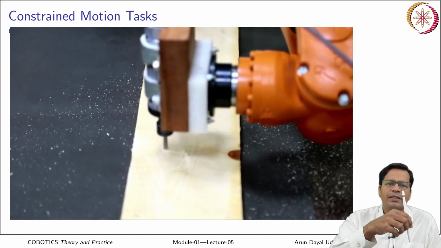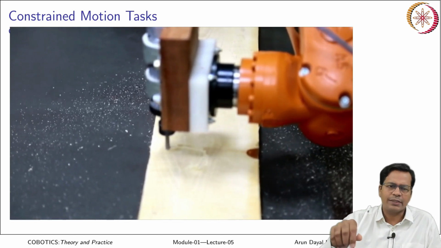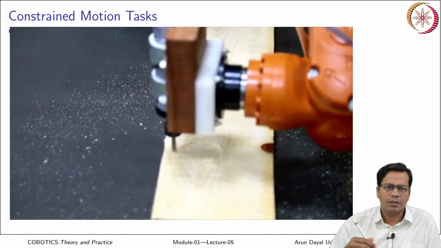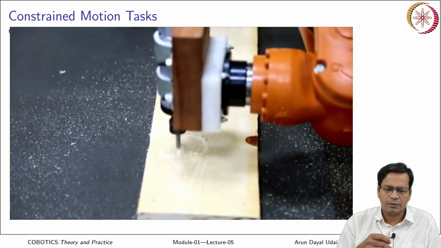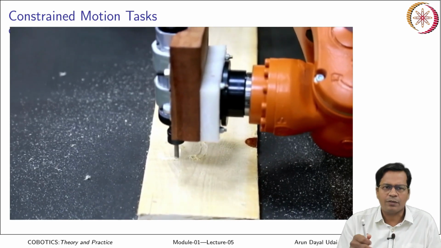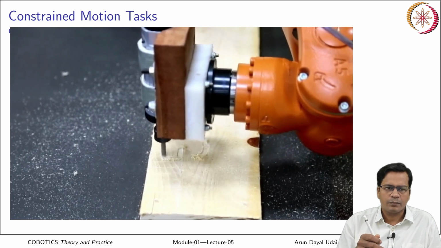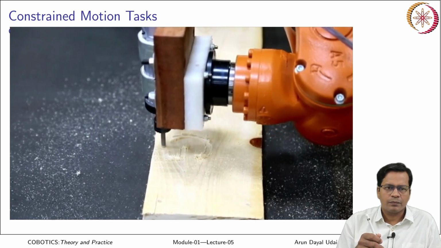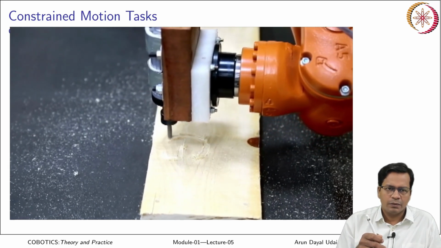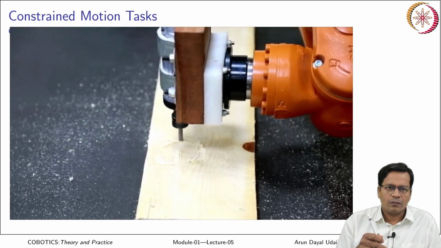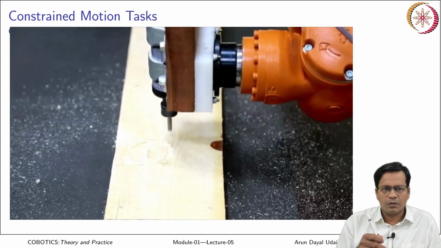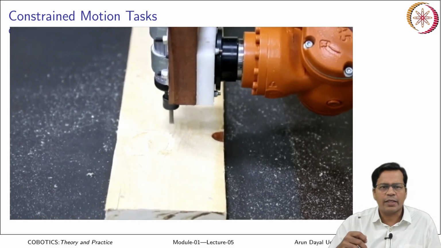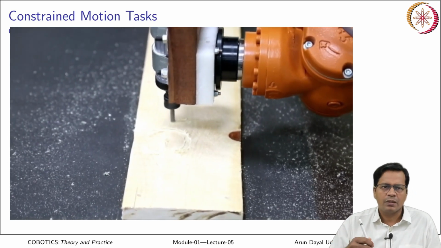Again it tracks the whole trajectory, removing the material along the xy plane, that is the plane of the plank which is here. You see, it moves throughout the surface and finally it finishes it.